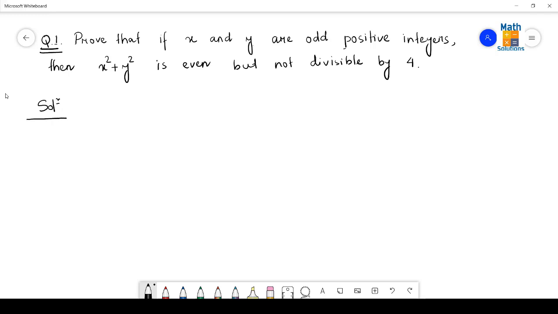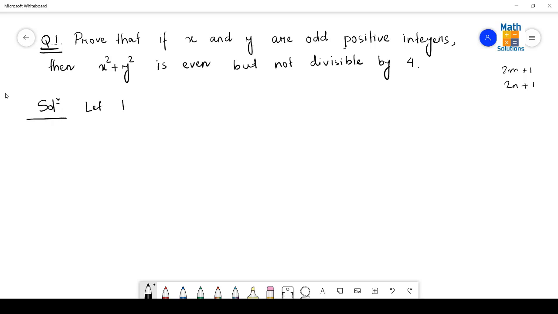Now the first and foremost thing that we have to notice here is what? x and y are odd positive integers, and we can consider these odd positive integers in the form twice m plus 1 and twice n plus 1. So let us consider in that way first.